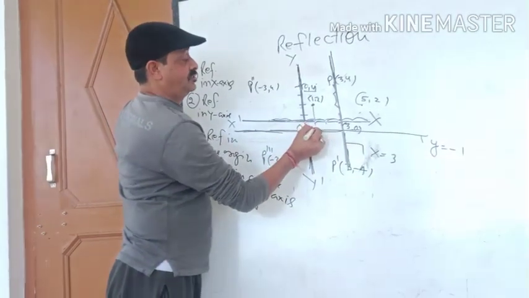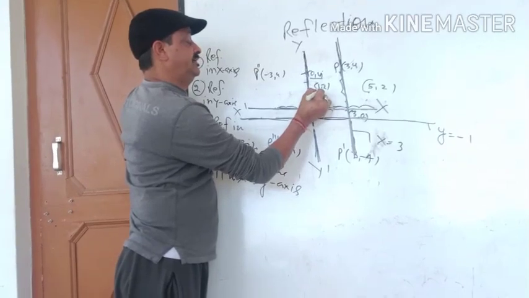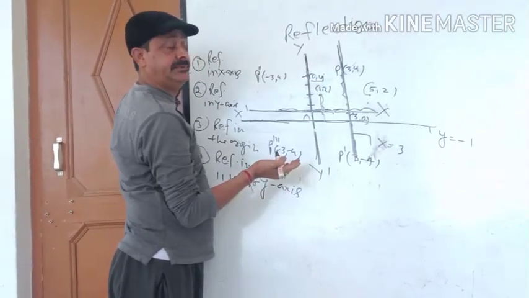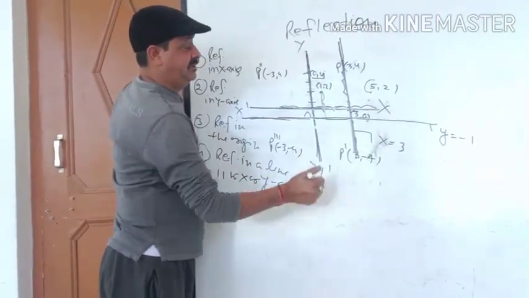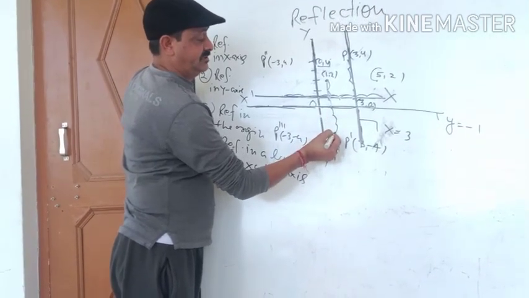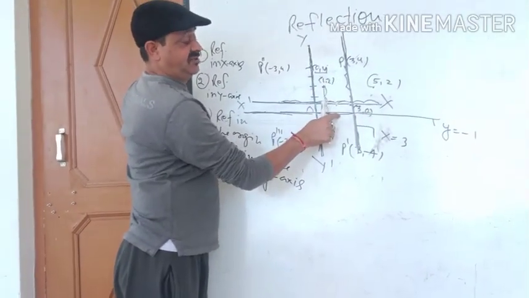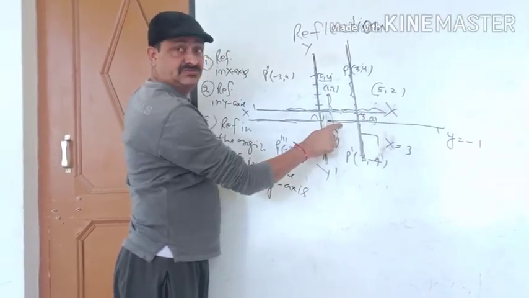First we will check the position of this point from this mirror line. It is 1, 2, 3, that is 3 units above it. So its image will be 3 units below it. 1, 2, 3. So it will be the position of the image of 1, 2 under reflection in the line y is equal to -1.